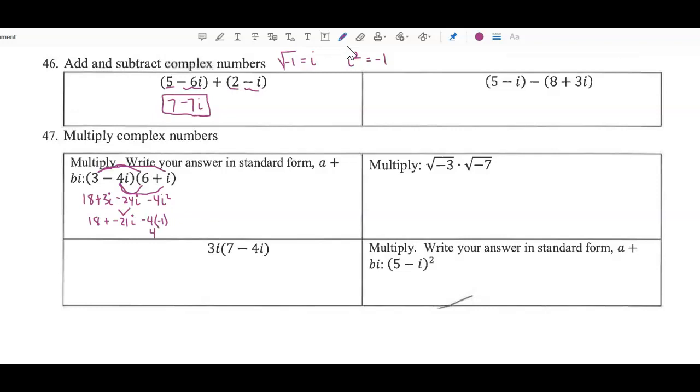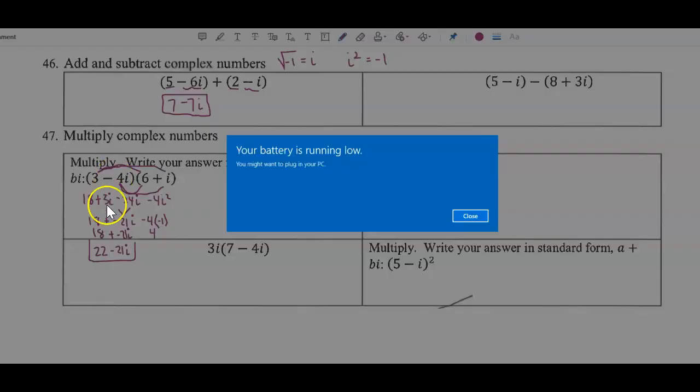And so then I can combine that together with my 18, because now those are like terms. And so I'll get 22 and then minus 21i. And make sure you're putting it in that form, the a plus bi.